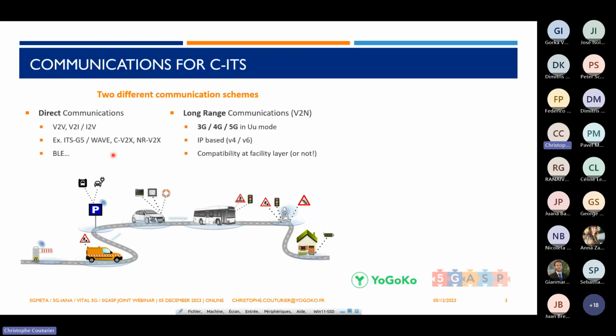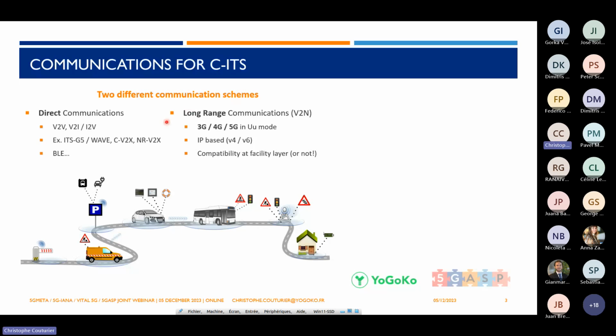Namely, these standards are ITS-G5 in Europe, WAVE in the United States, and in the scope of 3GPP, we currently have C-V2X, and with 5G, we have the promise of the future NR V2X. But we could also use other technologies, for example Bluetooth Low Energy, for this kind of communication.